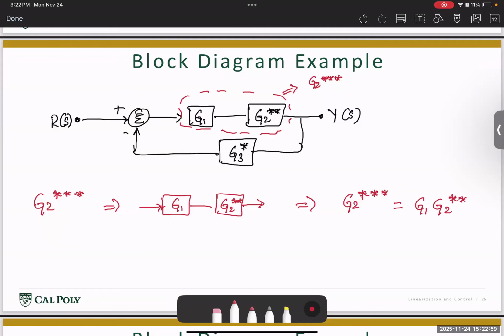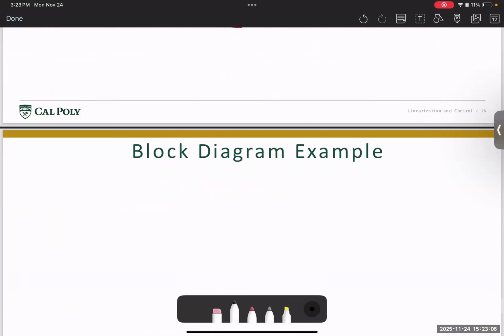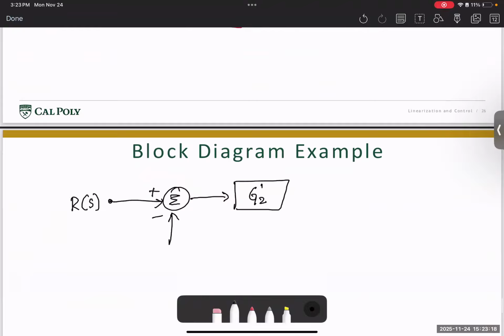And now substituting that into this block diagram, what we essentially get is this block where we have my input signal R of S. This goes through a summation, we have a plus, and then here we have a minus. This goes to a block which we called G2 triple star all the way to the output Y of S. And here in the feedback, we have something called G3 star, which was going back here.